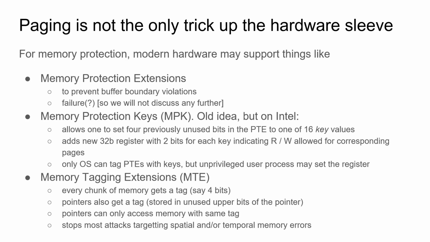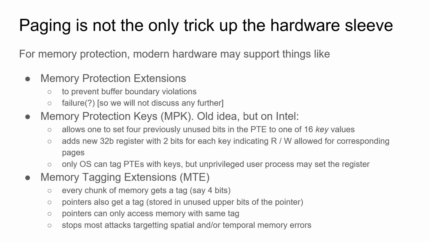Okay, so how does that help you? Well, there's another thing that you add. There's a 32-bit register that contains 2 bits for each of the keys. So for each of those colors, it indicates whether or not you can read and/or write those pages. So if the register says that you can only read blue pages, but you can read and write the red pages, it means that this data access is now enforced.